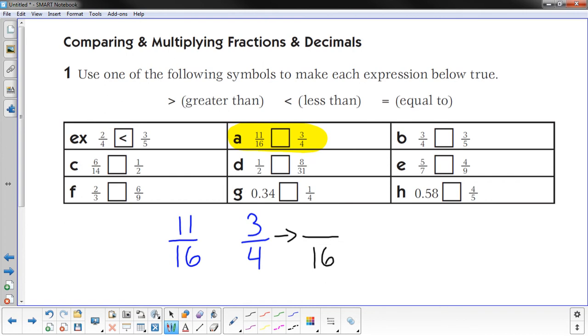Well, why don't I change 3/4 to something over 16? Alright, well, 4 times 4 is 16, so 3 times 4 would be 12. So 3/4 is equivalent to 12/16. So I could write 12/16 here.